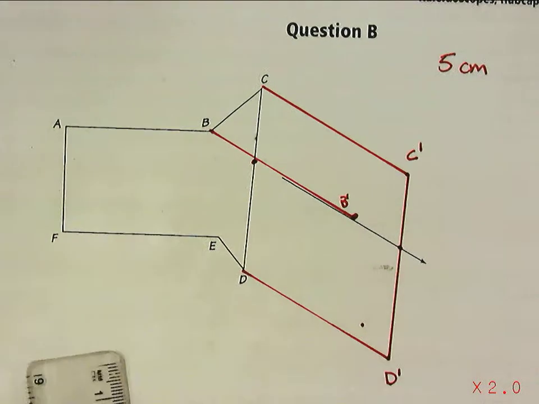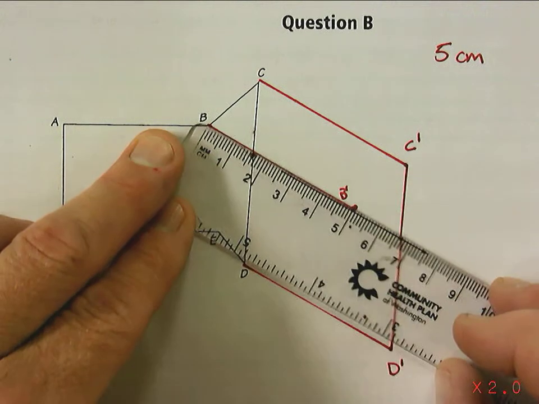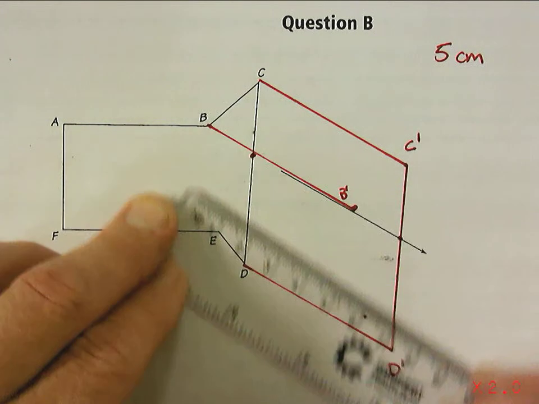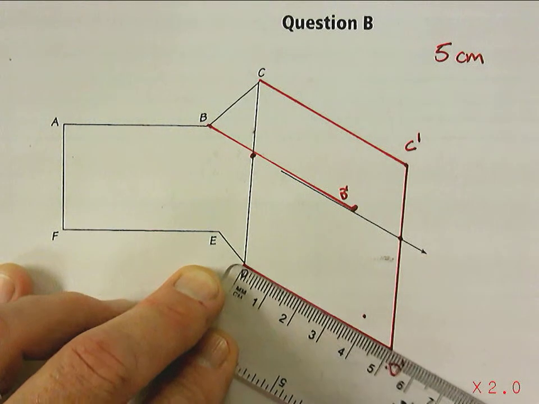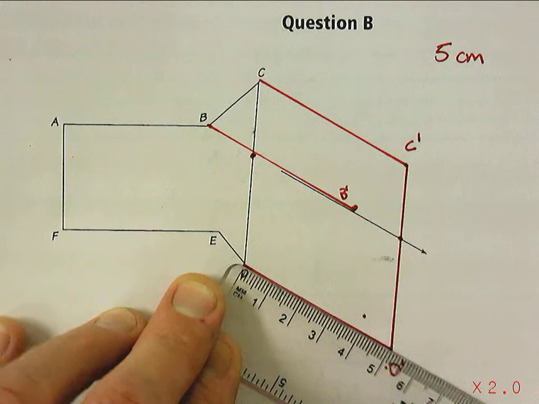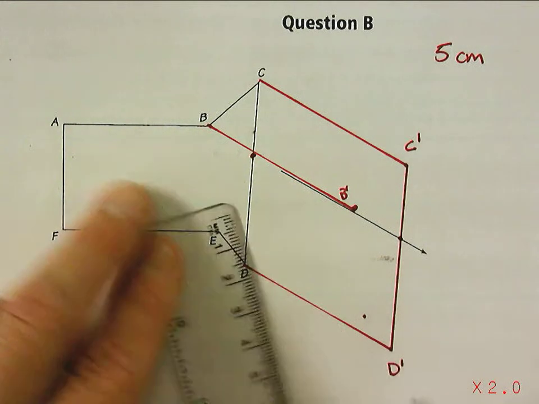So I'm going, in this case, 5 centimeters, and each of these is 5 centimeters from the original point. D is 5 centimeters. So every time I do one of these, they're 5 centimeters from the original point.